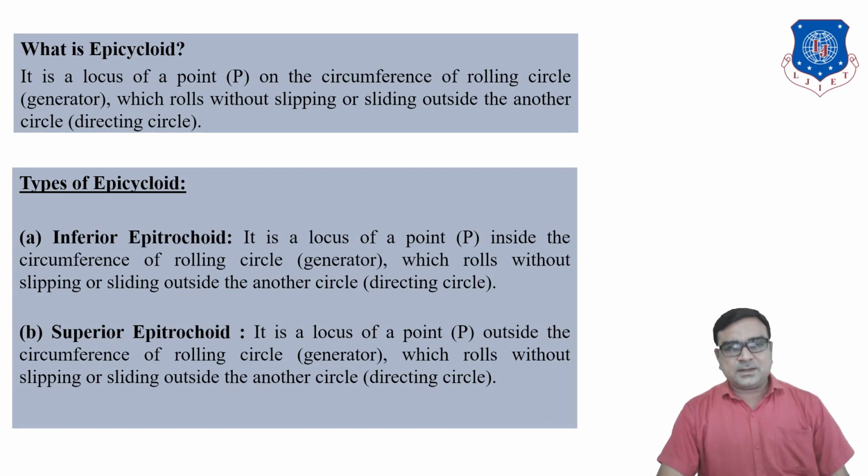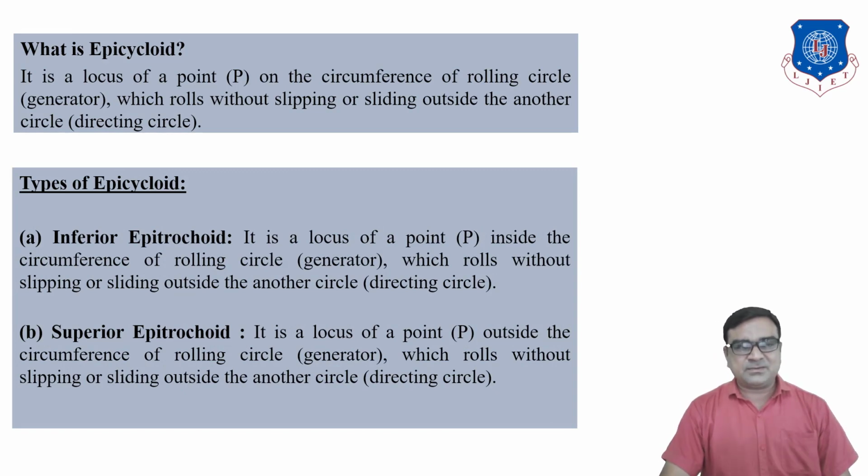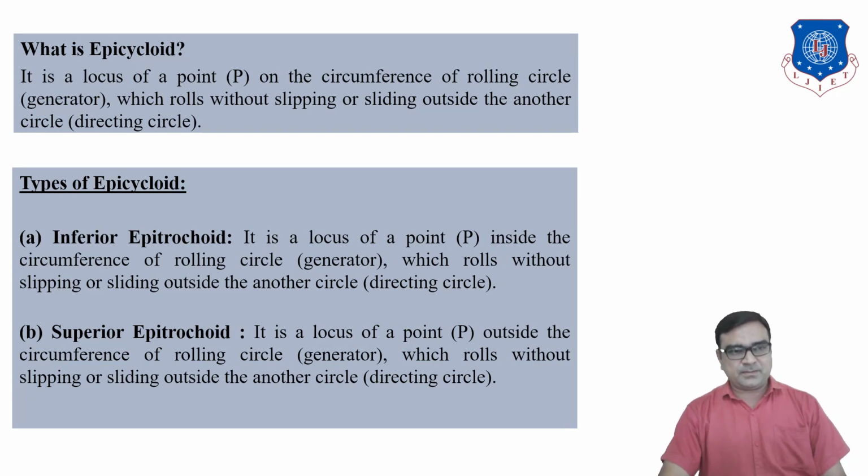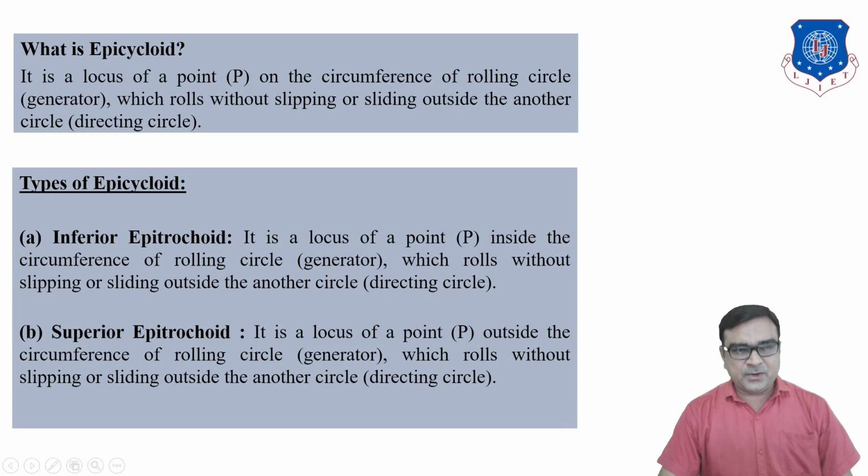What are the types of epicycloid curve? Inferior epitrochoid and superior epitrochoid. Inferior epitrochoid means it is a locus of point P inside the circumference of the rolling circle which rolls without slipping or sliding outside another circle, which is known as the directing circle.